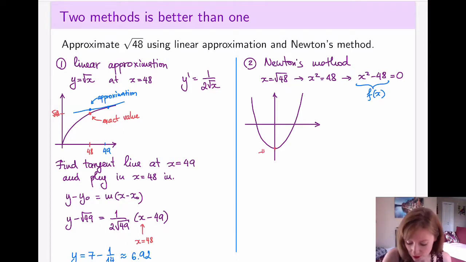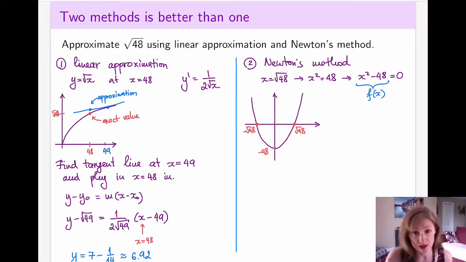This is minus 48, and then the two x-intercepts are square root of 48 and minus square root of 48. So remembering what we talked about earlier, I have to be able to pick the initial value, the initial guess, close enough to the root that I'm trying to approximate, or I might end up approximating something else. Okay, so here I have to think of a number close to root 48.